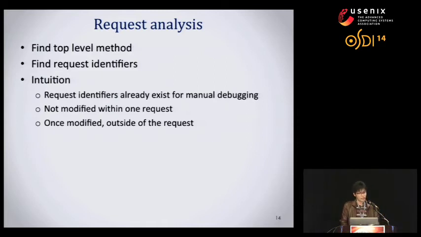So they need to make sure that these identifiers stay the same within one request, so that once these identifiers are modified, we know we are outside of a request. And this is how we pick the top-level method, which is the starting method.